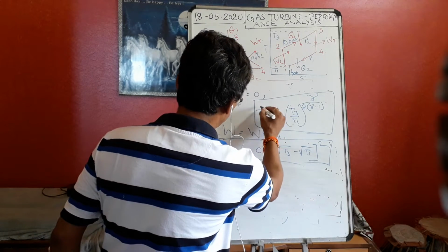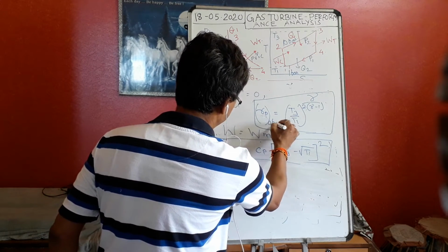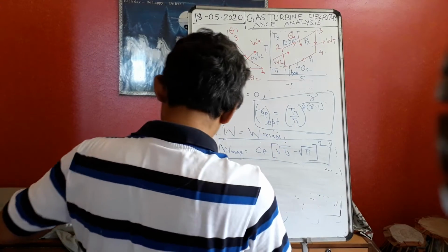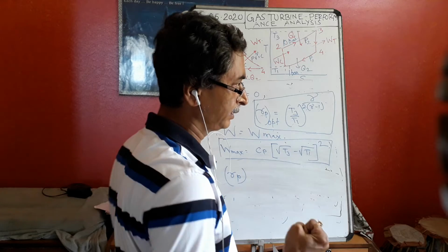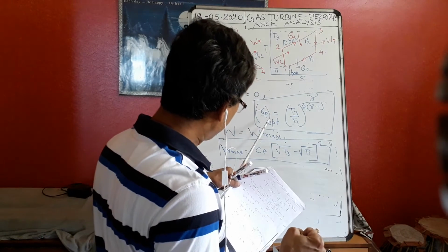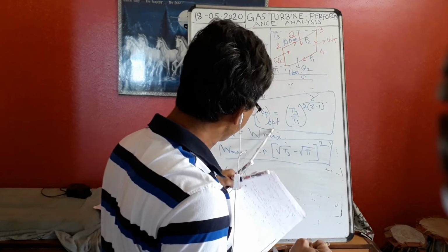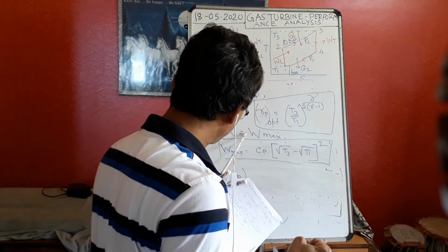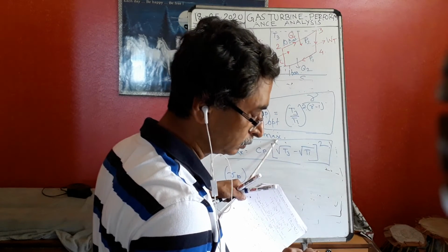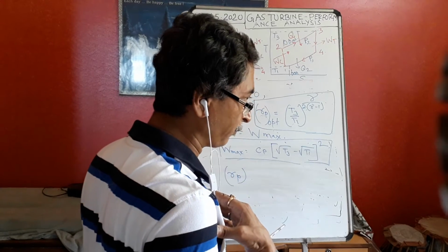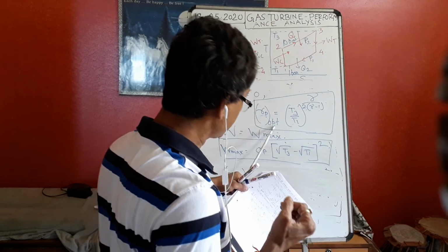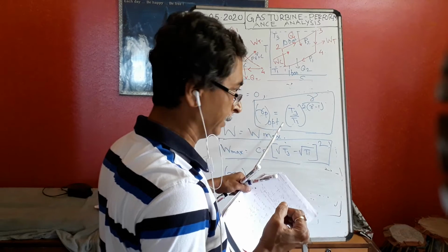This RP we are calling RP optimum. Why optimum? Optimum means I want profit from this plant. If I run our plant at this pressure ratio, I will get the maximum output, so I will make maximum profit. That's why this pressure ratio is called RP optimum.